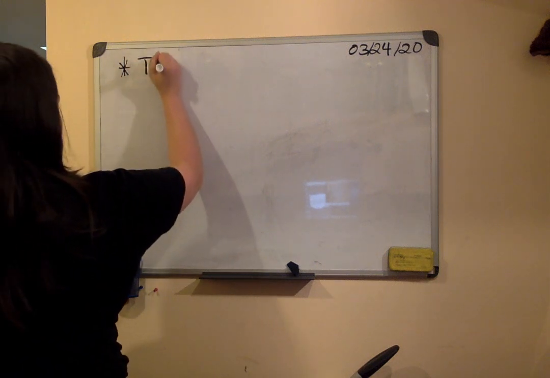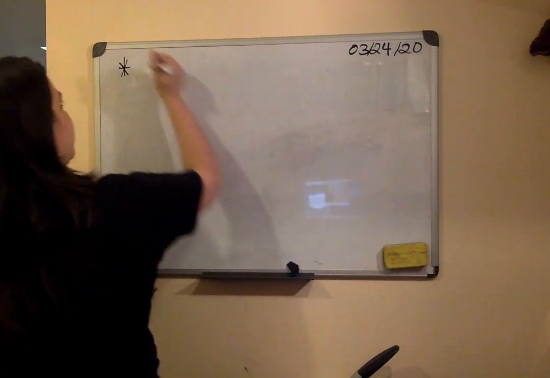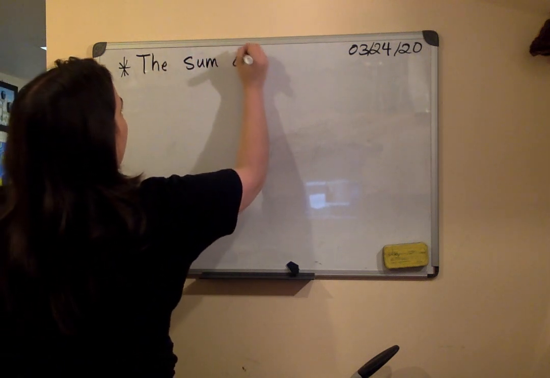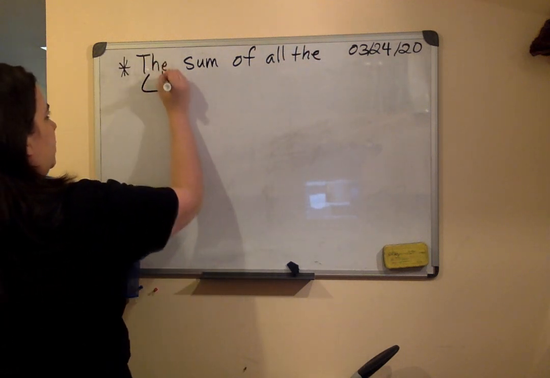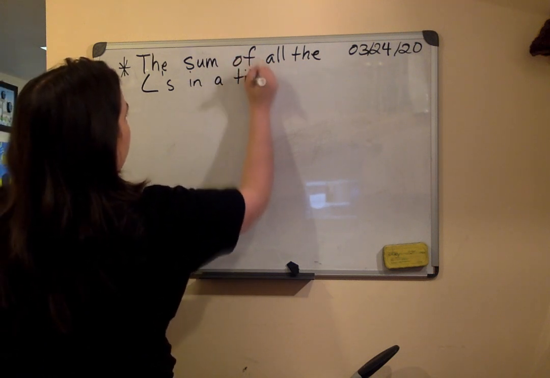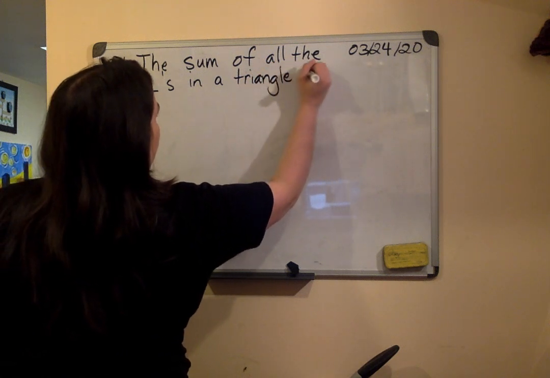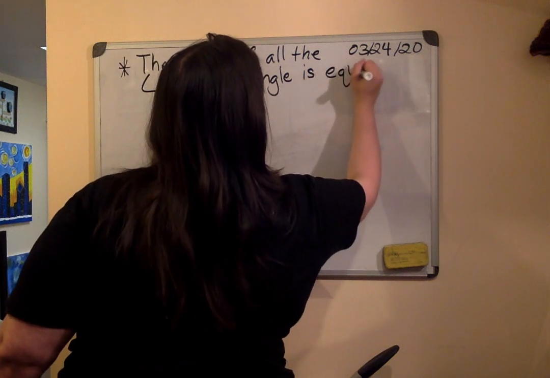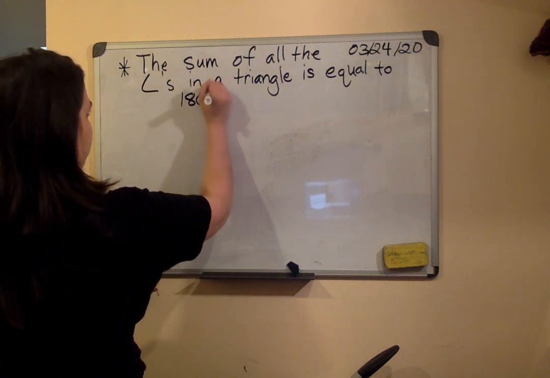The angles, actually, let's correct that. The sum of all the angles in a triangle is equal to 180 degrees.